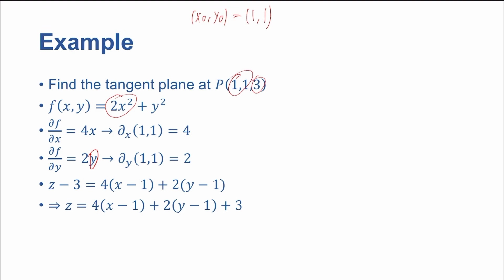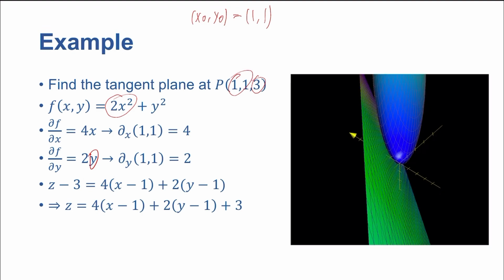And now we can simplify, push the 3 to the other side, and we get z equals 4 times x minus 1 plus 2 times y minus 1 plus 3. And we can see what this looks like. Here we have our point up around here, and we've got our tangent plane all over in this area. And then we've got our elliptic paraboloid here, which is, of course, the function we were trying to determine.